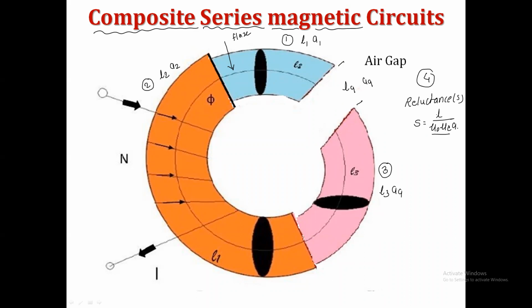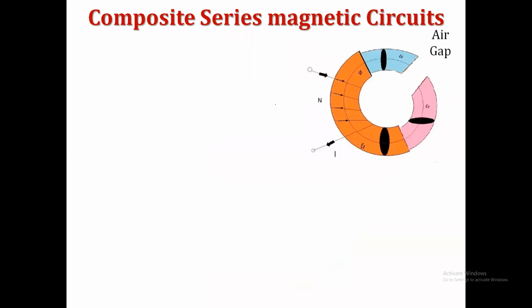बरोबर है? And here we consider that every part of this magnetic circuit has a different length, different area of cross section, and if the material is different, its permeability is also different. Do you agree with me? Yes or no? Yes, sir. Then how can you calculate the total reluctance?